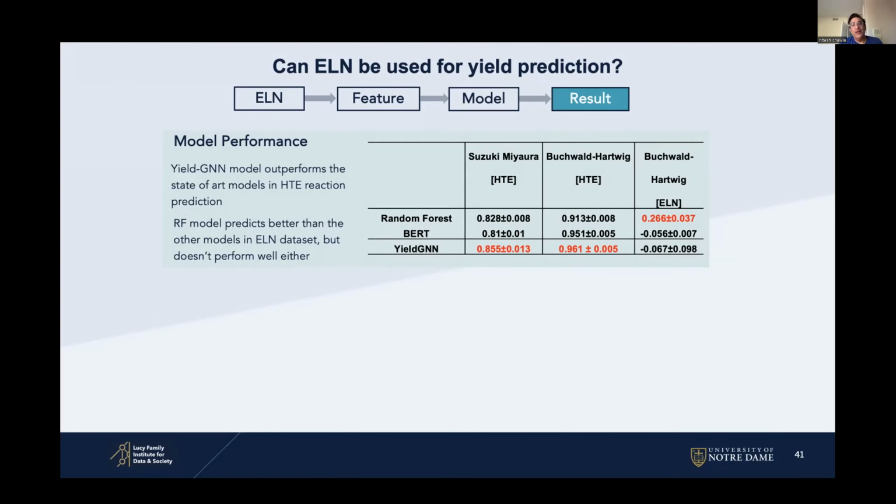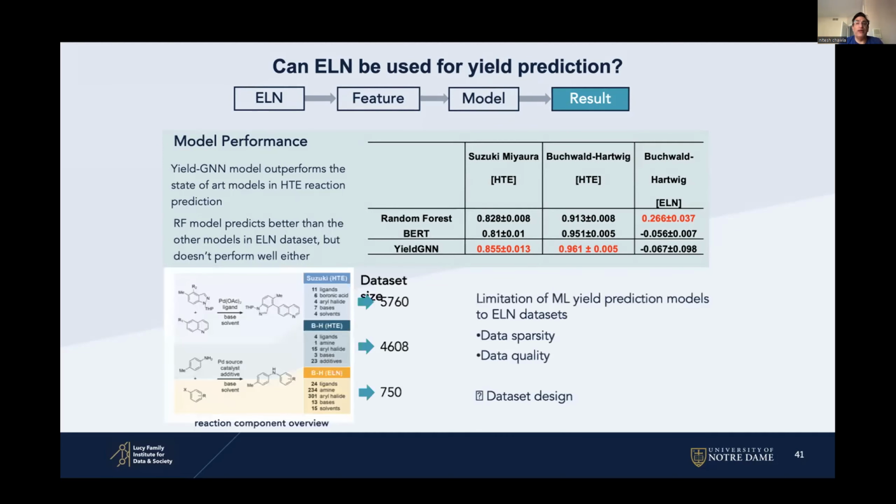However, we did very poorly. Random forest was not doing well on high throughput experimentation data, because that data is much larger, so the graph neural networks could do much better.